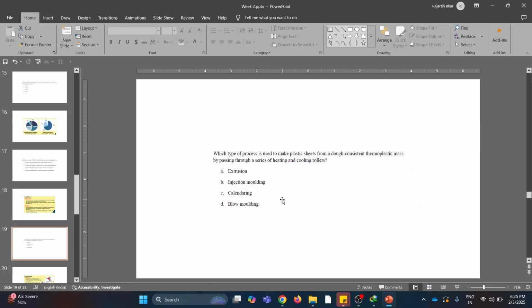And then in the next question, which type of process is used to make plastic sheets from dough consistent thermoplastic mass by passing through a series of heating and cooling rollers?